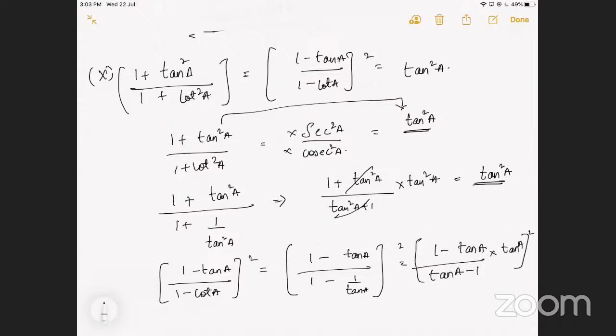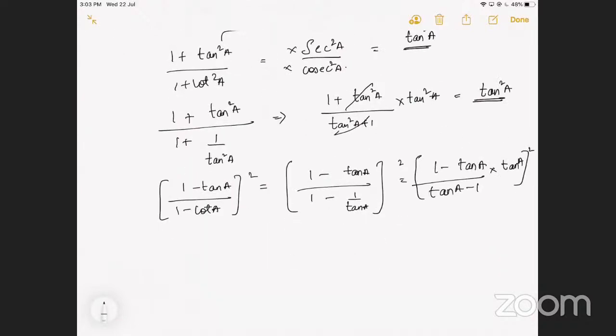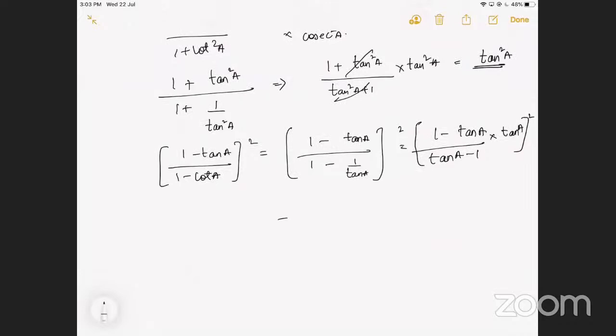So we can write tan A minus 1, we can take minus common, so we can write minus bracket 1 minus tan A.